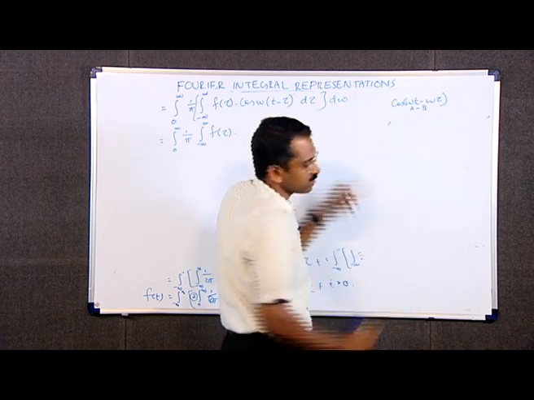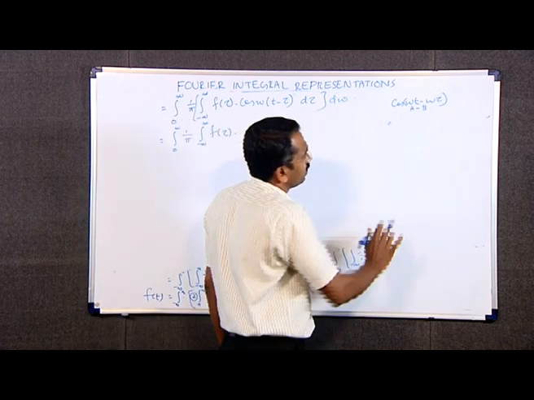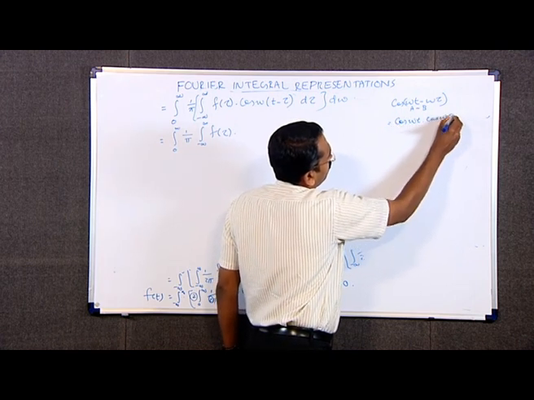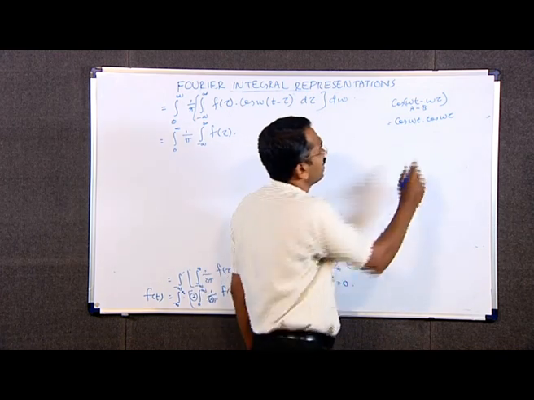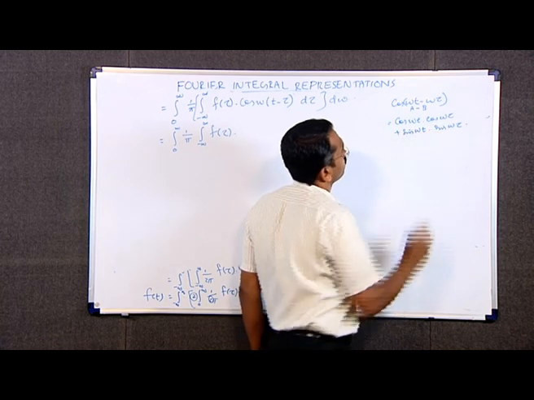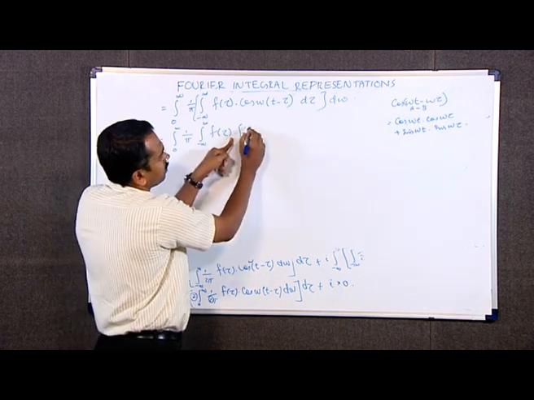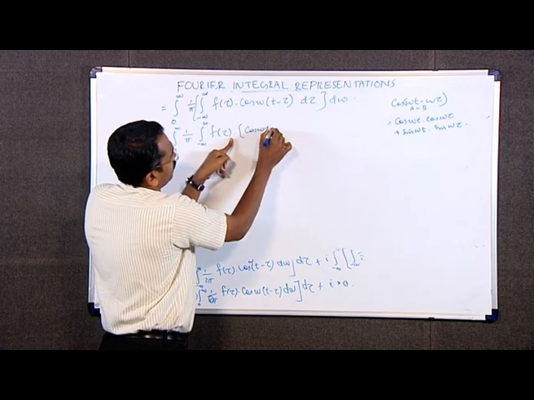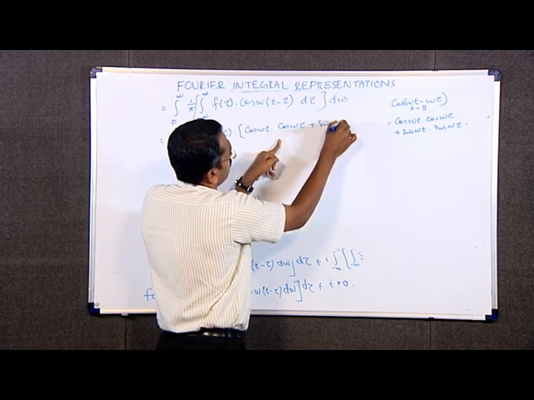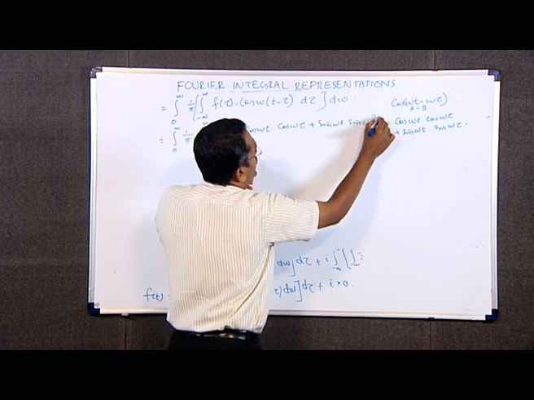We can write this as cos omega t cos omega tau plus sin omega t into sin omega tau. Therefore, here cos omega t into cos omega tau plus sin omega t into sin omega tau d tau d omega.